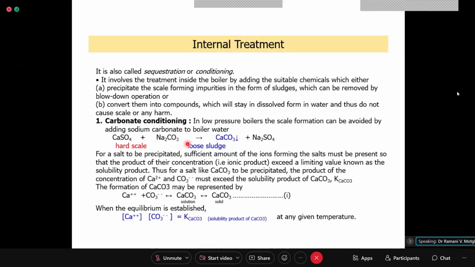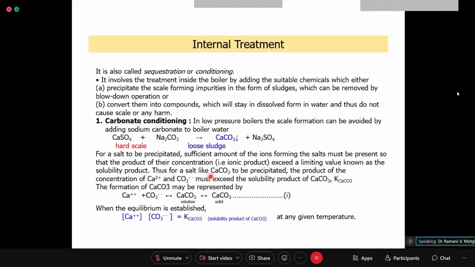When a little sodium carbonate is added, calcium will come out as calcium carbonate, and calcium sulfate will not precipitate out because the ionic product of calcium carbonate is attained. For a salt to be precipitated, sufficient amount of ions forming the salt must be present so that the product of their concentration exceeds a limiting value known as the solubility product.